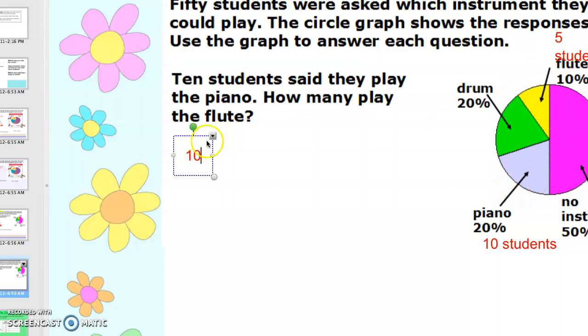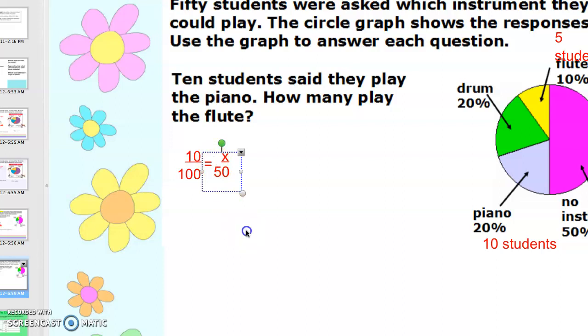So 10%, we want to know how many play the flute. That's 10% over 100 equals x over 50. And it's 50 because 50 students were surveyed. Okay.